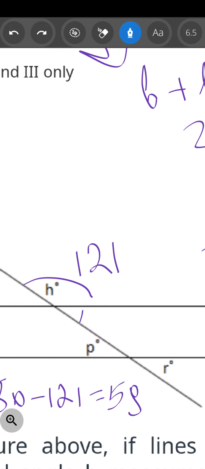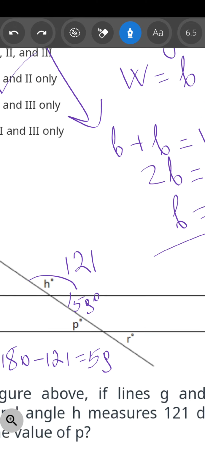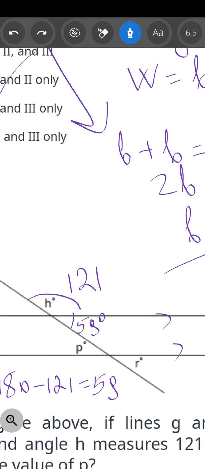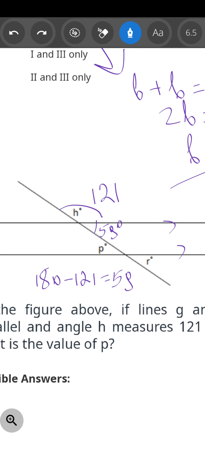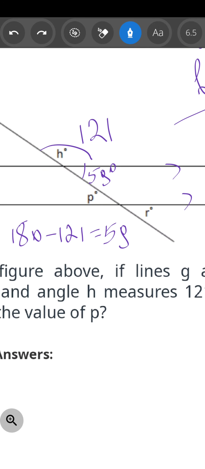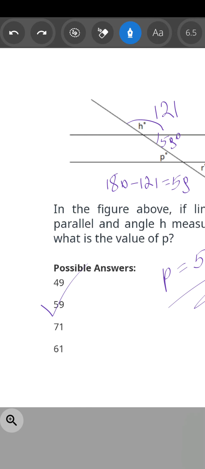We must find the value of the angle P, and we see that the angle P and the angle 59 are alternate interior angles. It means that their measures must be equal. So we'll get that P is equal to 59 degrees, and our answer will be 59.